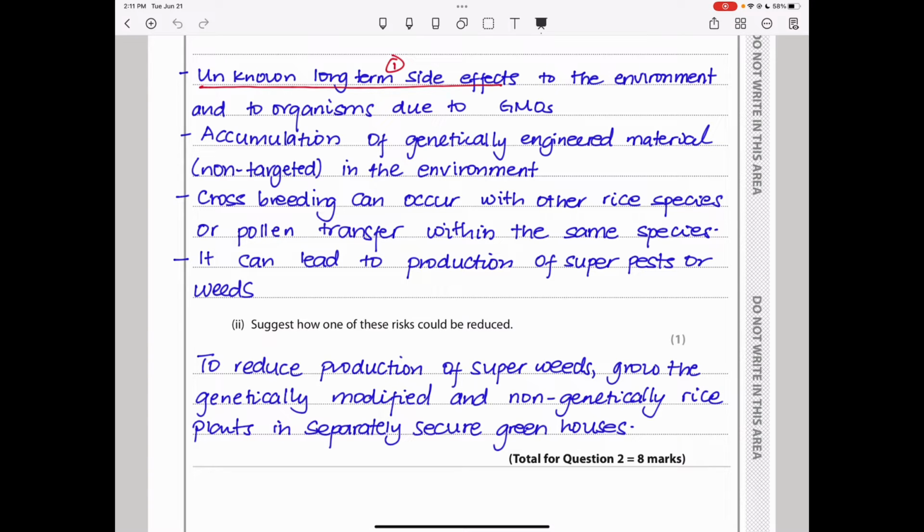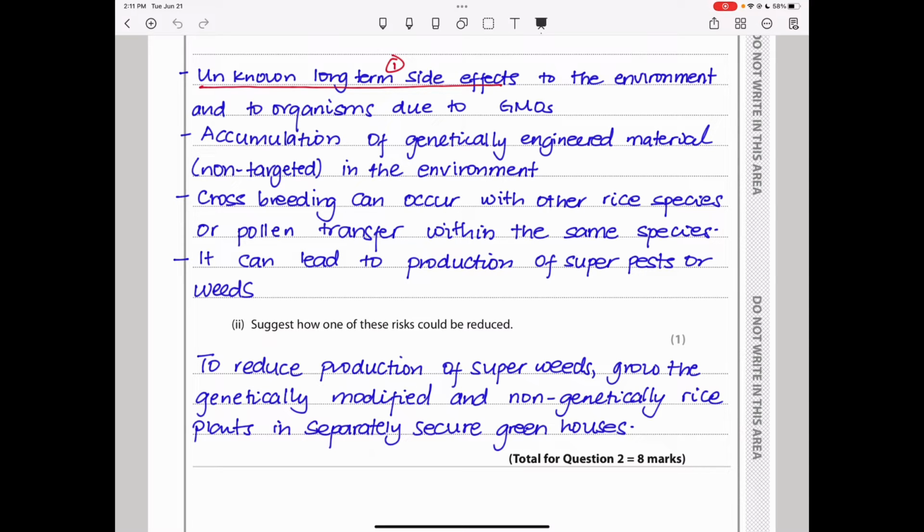So the next part is to suggest how one of these risks could be reduced. The risk I chose was basically to reduce production of superweeds. If you grow the genetically modified and non-genetically modified rice separately, that will ensure that they are not combining, or there is no gene flow from one type of rice to another, and that can minimize the risk of unintended or non-targeted transfer of genetic material from one type of rice to another.